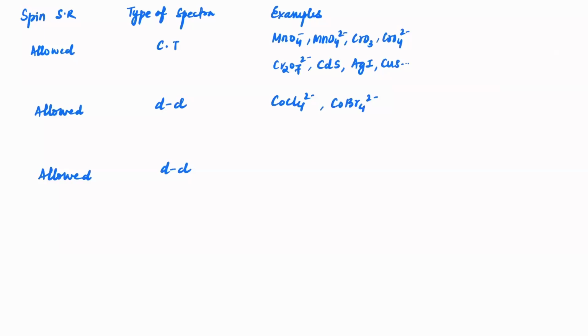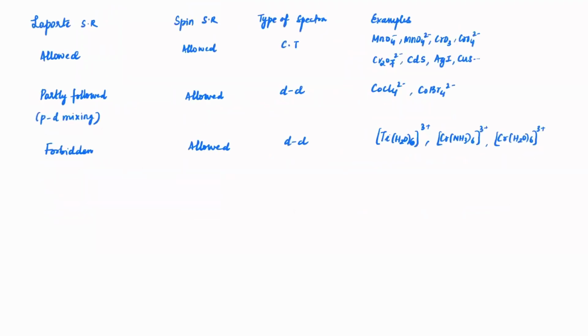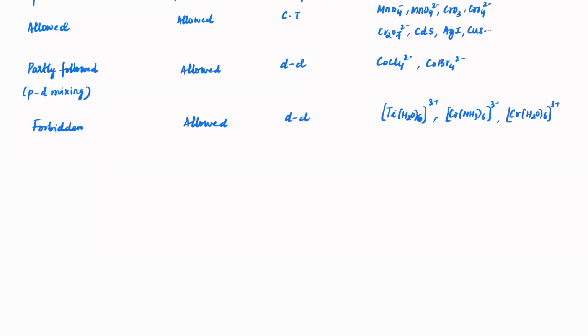When there is no electron in eg, like titanium hexaaqua 3 plus, or chromium hexaammine 3 plus, or chromium hexaaqua 3 plus, and so on. These kinds of examples. Next, partly allowed.